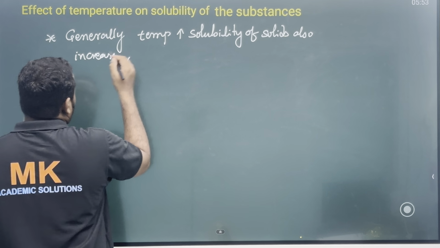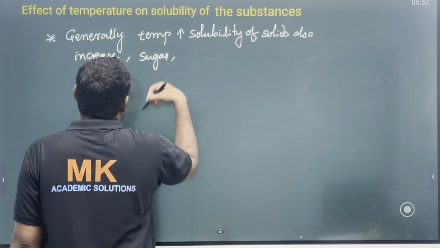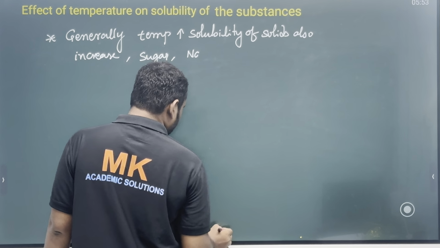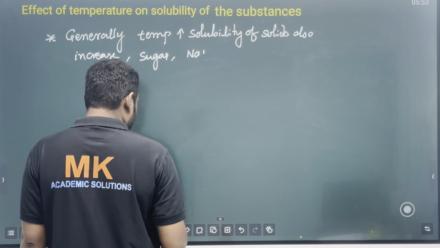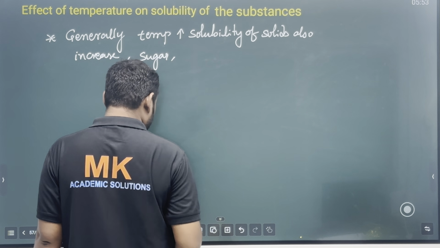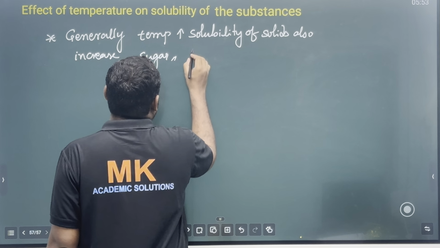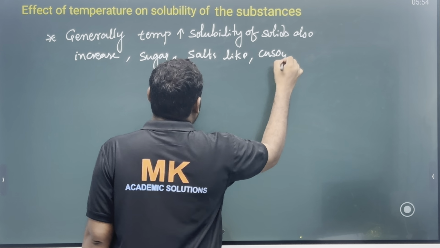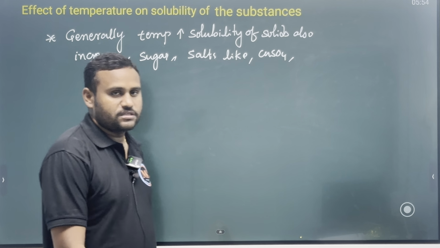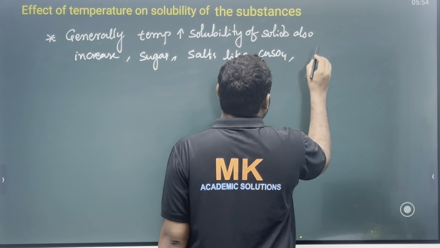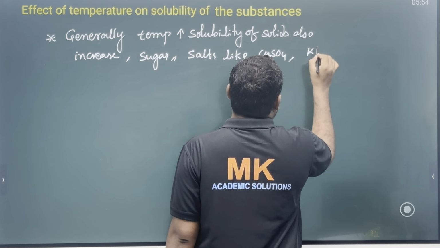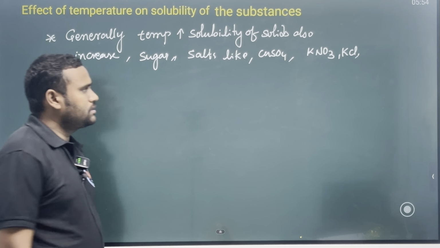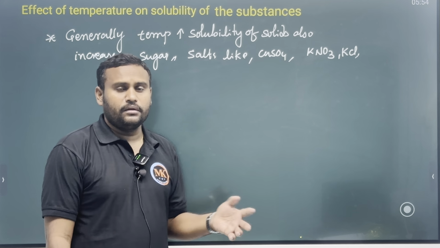Okay, and for example you take sugar and salts like copper sulfate, iron sulfate etc., and calcium, KNO3 potassium nitrate and KCl potassium chloride etc., all these are going to dissolve on increasing temperature.